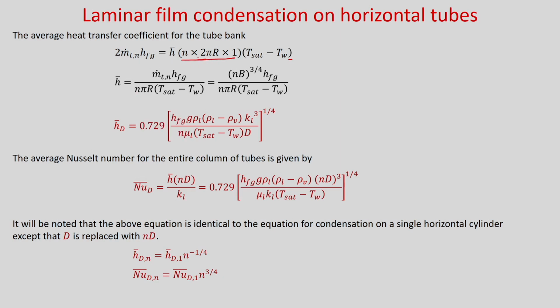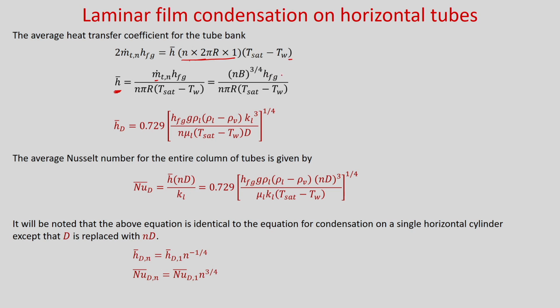So, from here, for the average heat transfer coefficient, just rearrange, you will get m dot T n h_fg divided by n pi r (T_sat minus T_w), and m dot T n we have already evaluated as n b to the power 3/4.